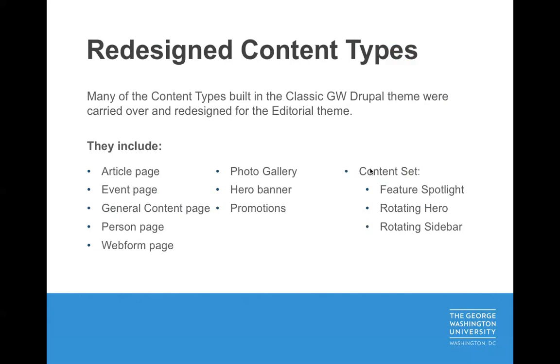We see that a lot of people use them. They're very useful, and we determined in partnership, obviously, with the GW Today team as well as other units at the university who were giving us feedback on the GW Drupal classic theme, that these were some of the things that they wanted to see move over into the newer thing that we were developing.